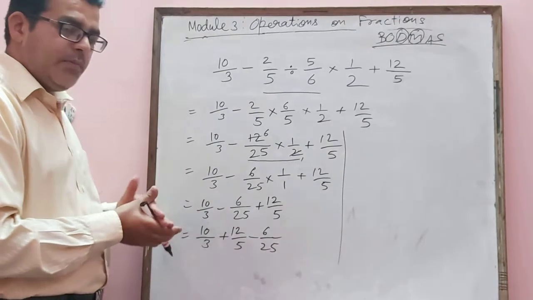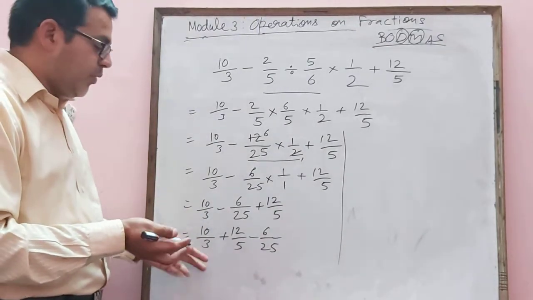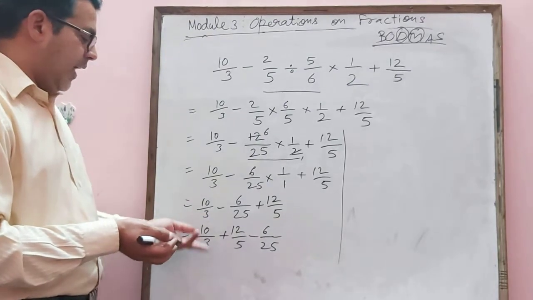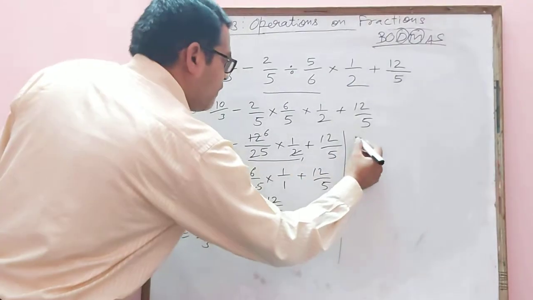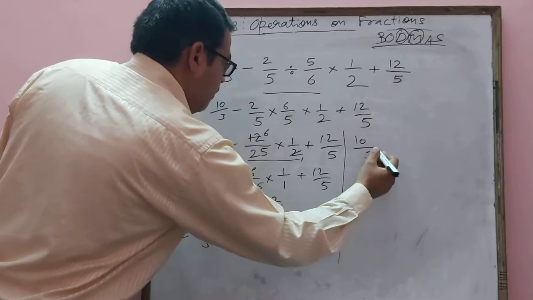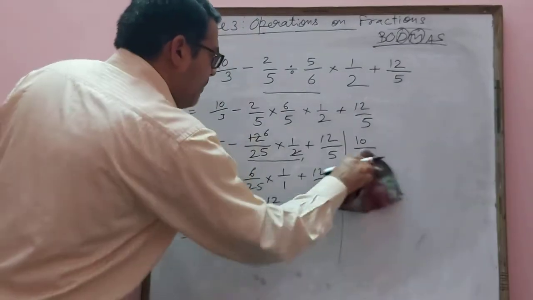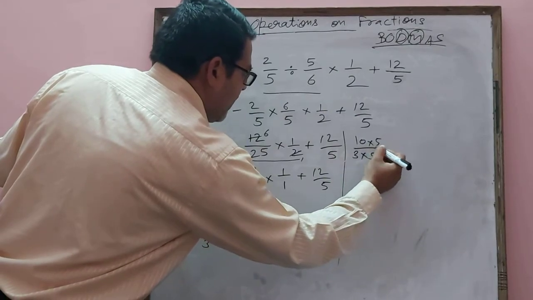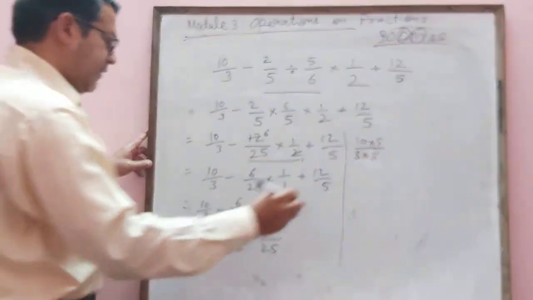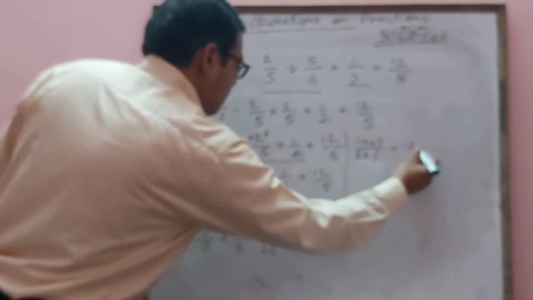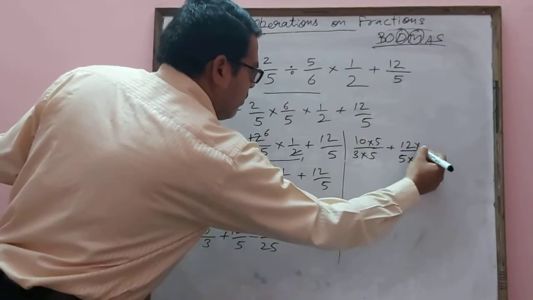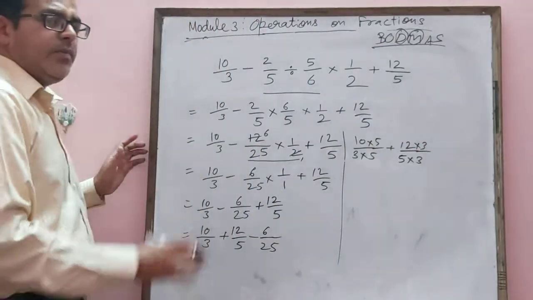So their multiplication is the LCM, 15. What can we do here? We have to convert this 3 into 15 by multiplying by 5 on both sides. Here also, how can we make 5 into 15? By multiplying by 3, on both sides.